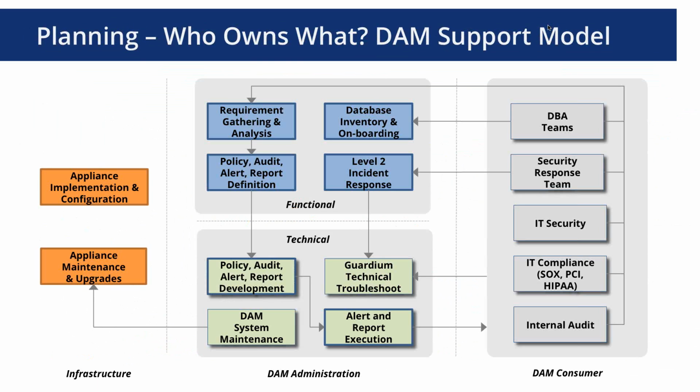The arrows you see going back and forth are with the consumers of the information. Here are the disciplines we were talking about: internal audit, security, and the DBA teams.